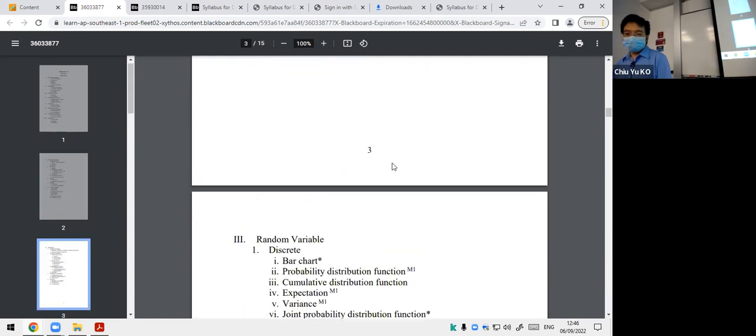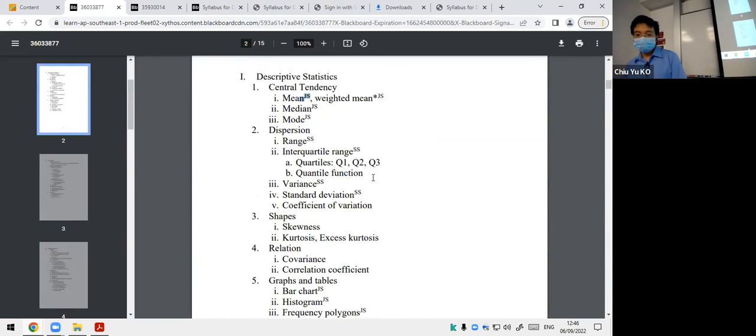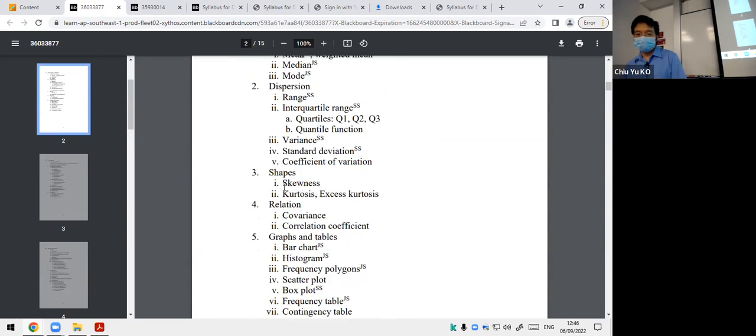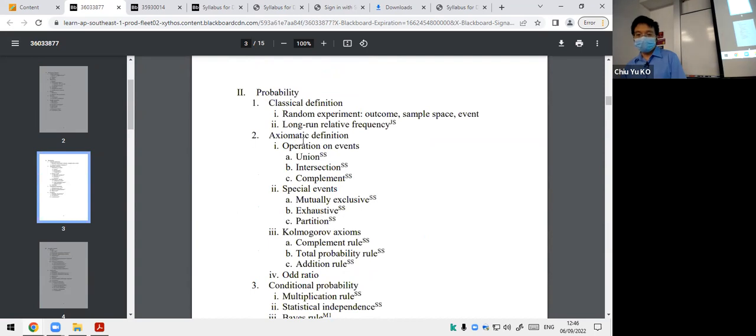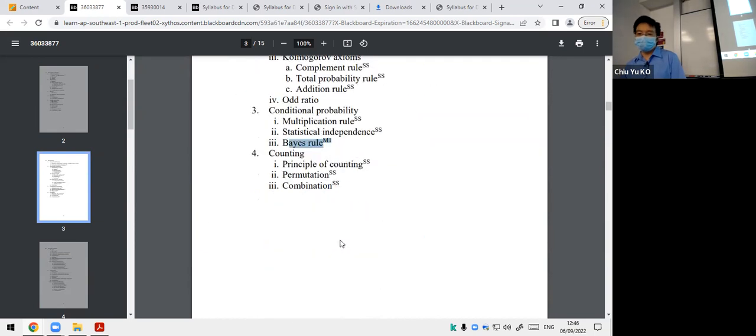I also wrote M1, which is covered in the M1 syllabus. You will see most of them are covered already. There is something new: shapes, correlation coefficient, and probability. You learn most of them. If you didn't take M1, you don't learn Bayes' rule, but most of it is covered in senior school.